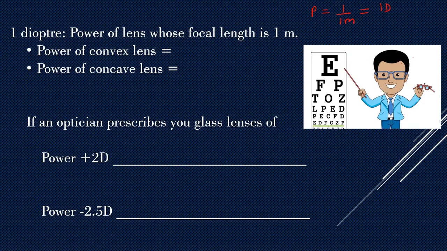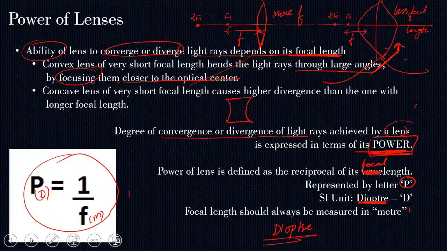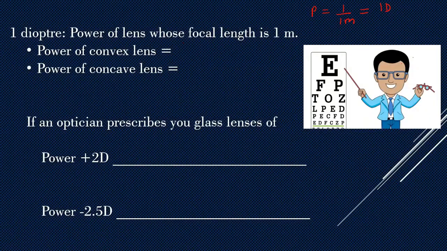Now, what is the sign of focal length in case of a convex lens? In a convex lens, we know light gets converged on the next side of the lens. So the focal length of a convex lens is positive, and as focal length is positive, power will also be positive, because power is 1 upon f, 1 upon plus f.